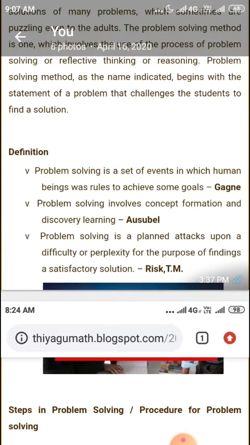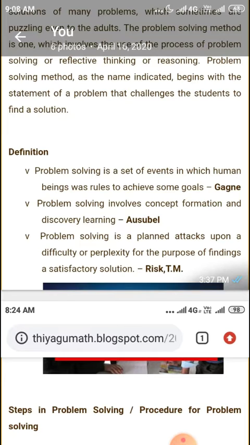Definition of problem solving method: problem solving method is a set of events in which human beings use rules to achieve some goals. Another definition: problem solving involves concept formation and discovery learning.